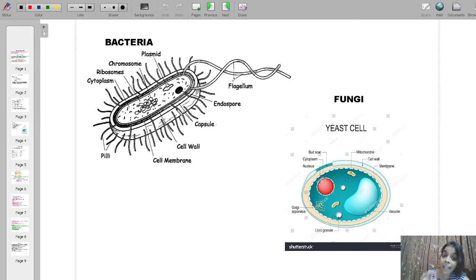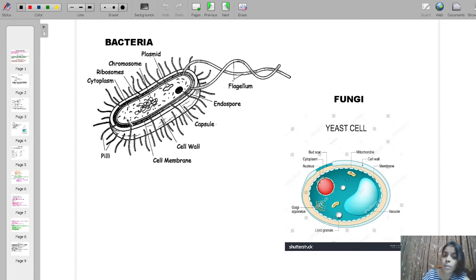Prokaryotes lack these structures. So automatically, the bacterial cell also doesn't have any membrane-bound cell organelles. There is no mitochondrion, no endoplasmic reticulum, no Golgi complex, but they have, as you can see, scattered ribosomes in their cytoplasm.